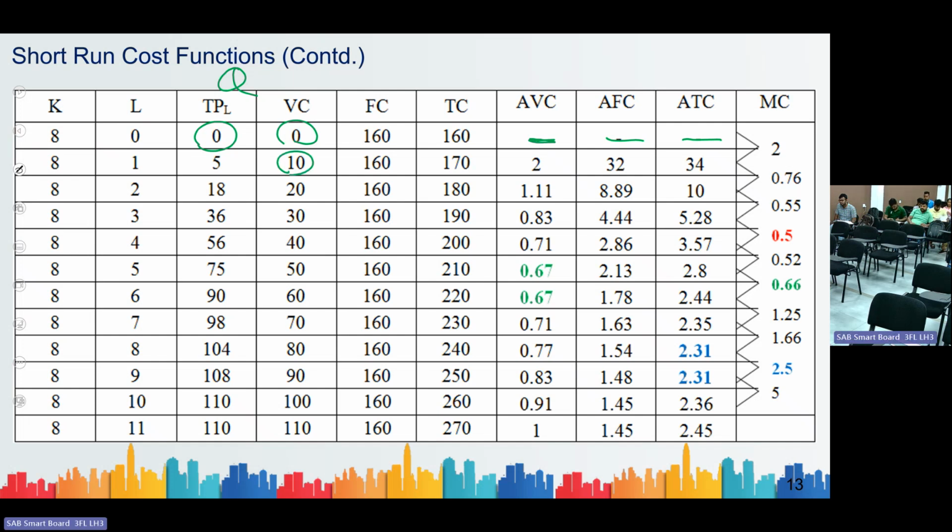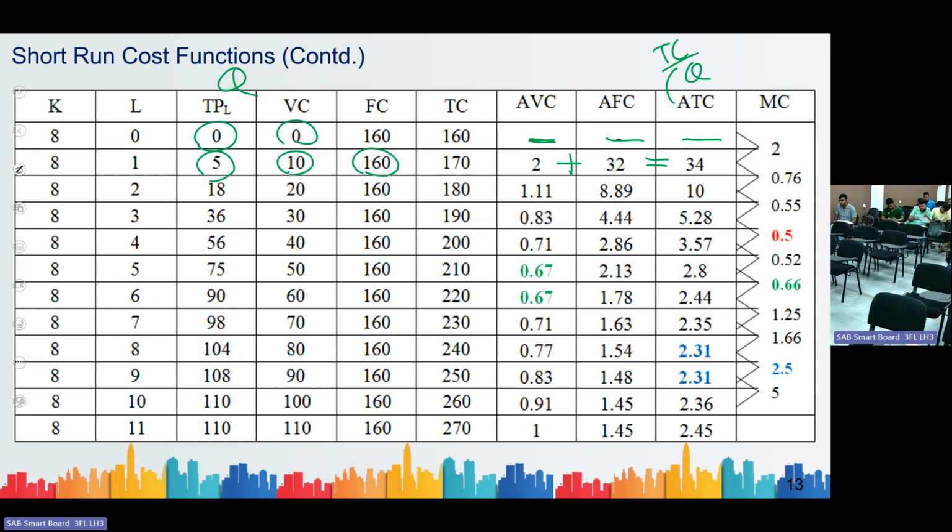Ten divided by 5 is 2. 160 divided by 5 it's 32. 170 divided by 5 it's 34. To calculate ATC, you don't actually have to divide TC by Q. If you take the summation of AVC and AFC, then the answer will be ATC.